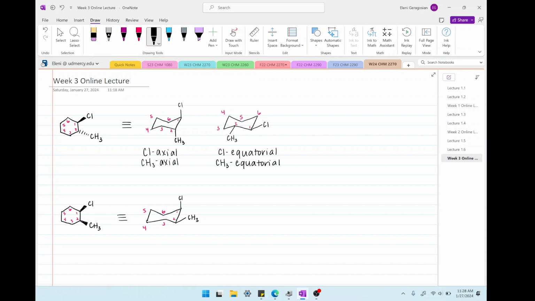I'll show you that if you have your model kit and you make a cyclohexane, make axial bonds with a white atom and equatorial with a red, you can bend and twist the carbon to carbon bonds and convert that into another cyclohexane, another chair conformation where the axial atoms are now equatorial and the equatorial atoms are now axial. So we call these, like I said, conformational isomers.